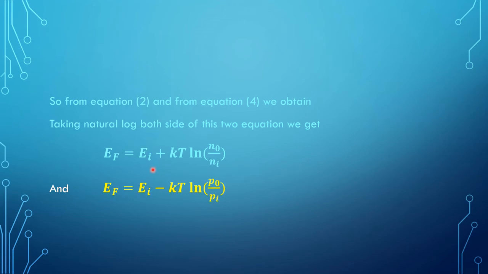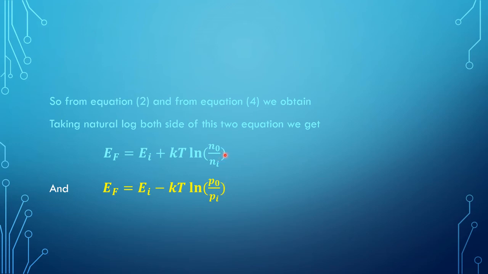So, taking the natural log on both sides of equation 2 and equation 4, the first equation we get is EF equals EI plus kT ln N0 divided by ni, and the second equation is EF equals EI minus kT ln P0 by pi. So, these two equations give the extrinsic Fermi level position.